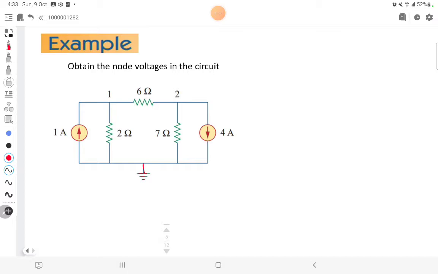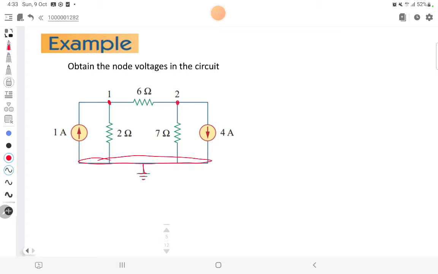Take note that the ground is connected to our common node. Next, select the nodes that are not connected to the ground. So we have node 1 and node 2.